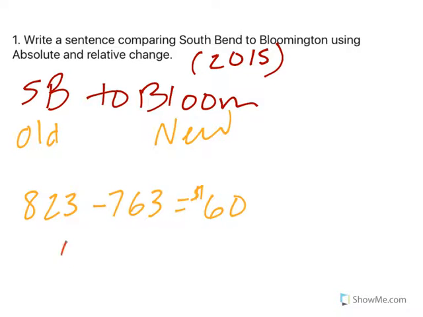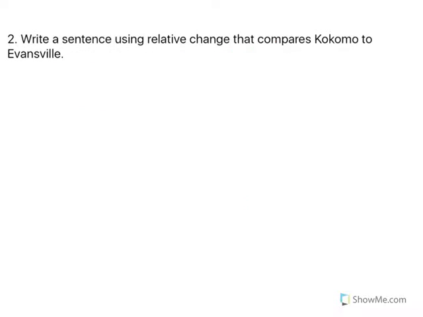And then to find my relative, I would take 60 divided by 763, and I get 7.9%. So fair market rental rates are $60 higher in Bloomington compared to South Bend, or Bloomington is 7.9% higher than South Bend, right? Bloomington is bigger.